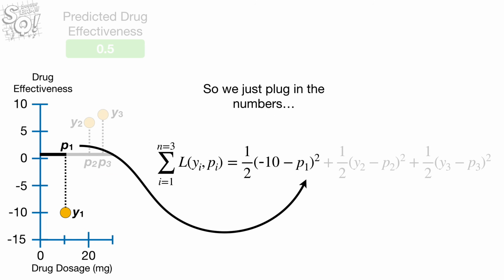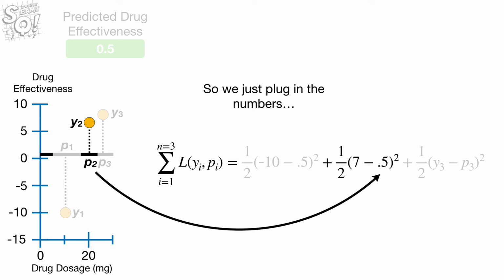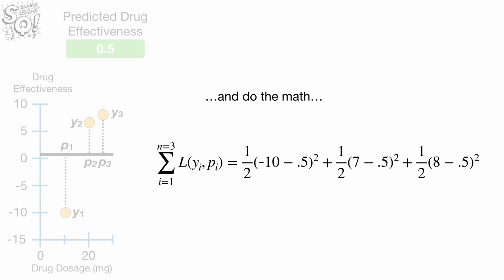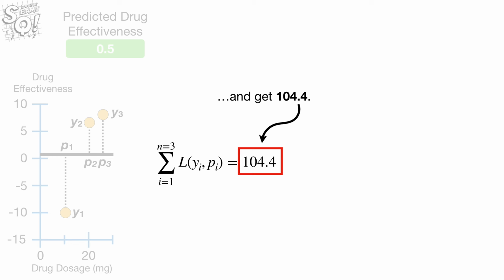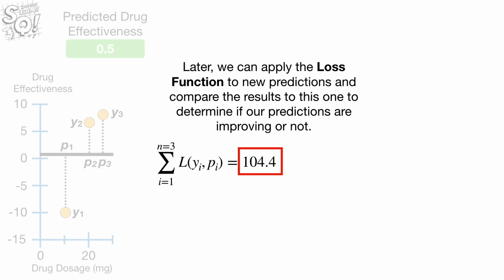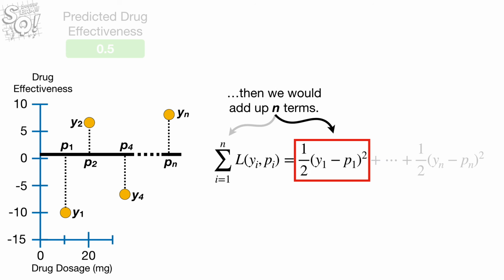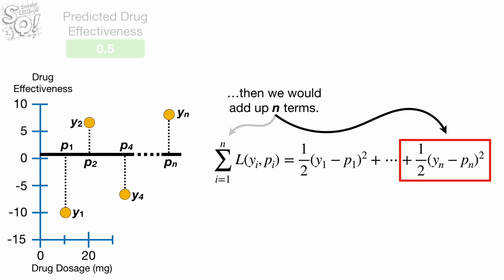So we just plug in the numbers, and do the math, and get 104.4. Later, we can apply the loss function to new predictions and compare the results to this one to determine if our predictions are improving or not. Note, if we had n observations, then we would add up n terms.